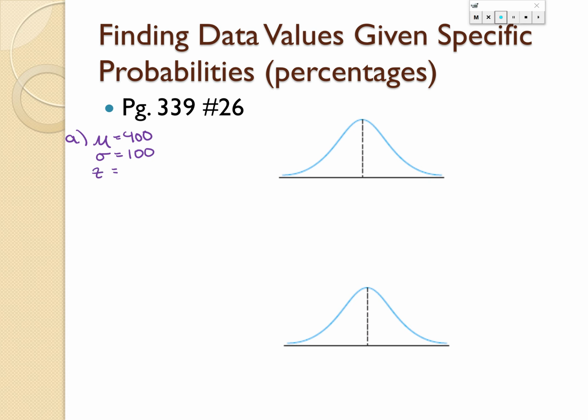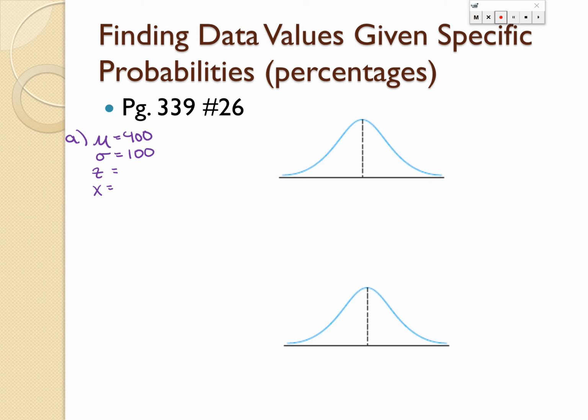We've got to figure out what the z is so we can figure out the x. The x is the score we're trying to find that we need to score above to get that scholarship or to get that award. So I'm writing down the things we know.